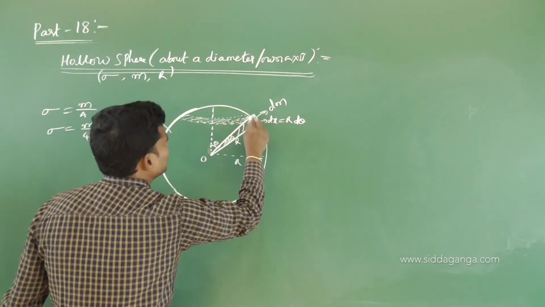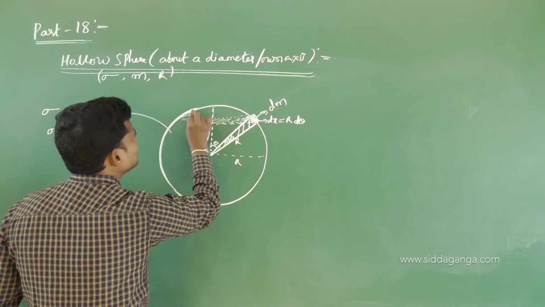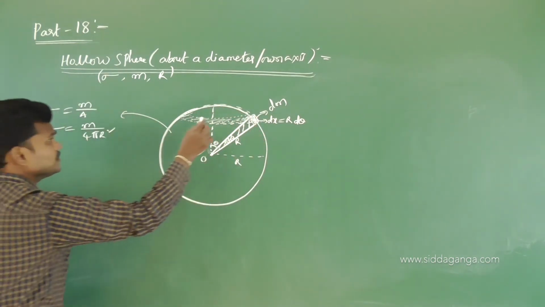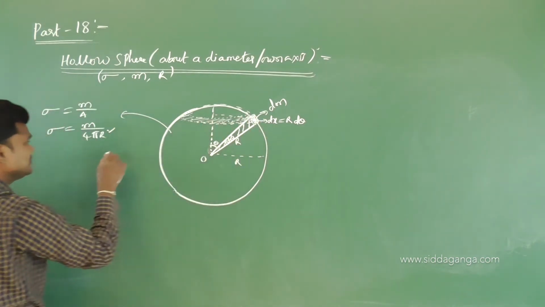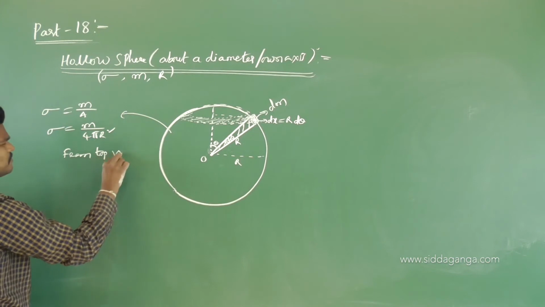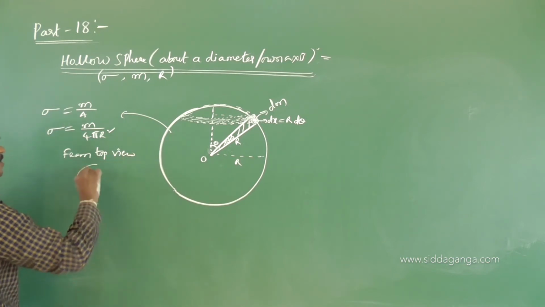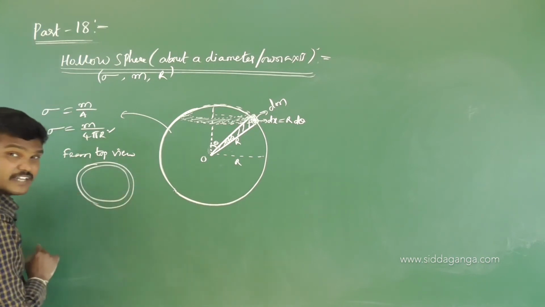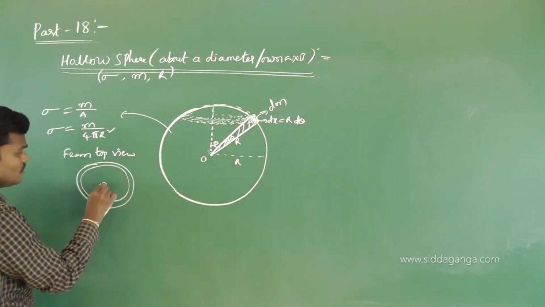Entire this portion will be covered like this. From the top view, this ring will have a radius. It is like a circular ring whose radius.